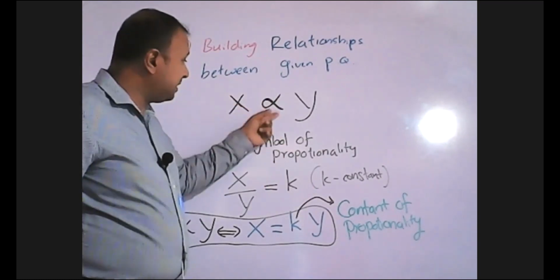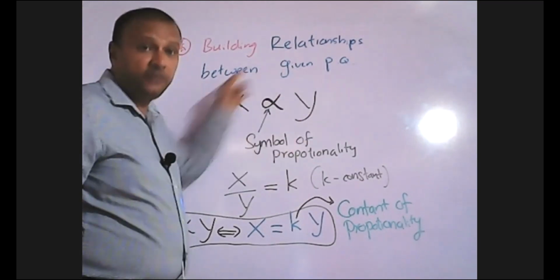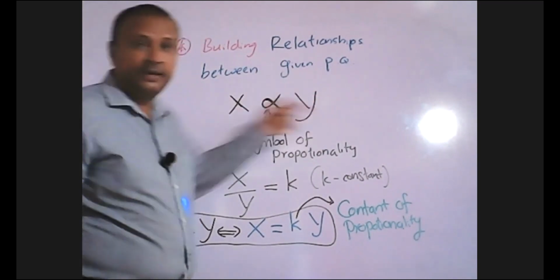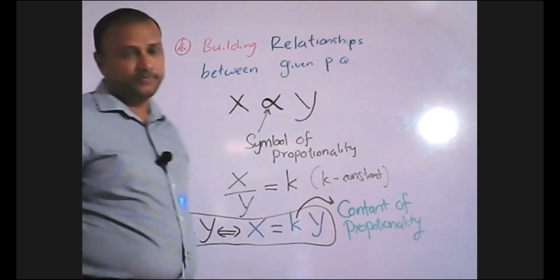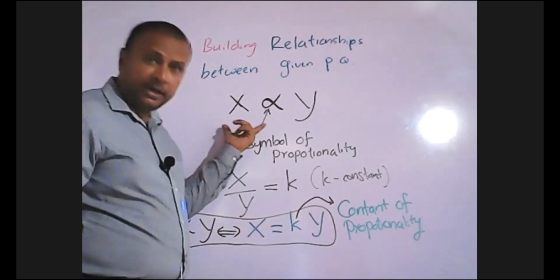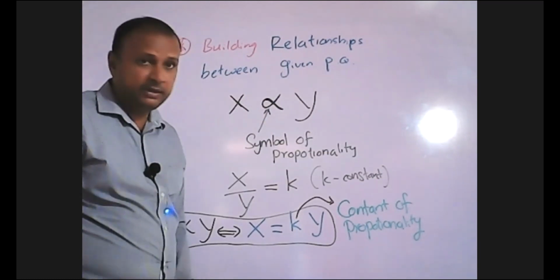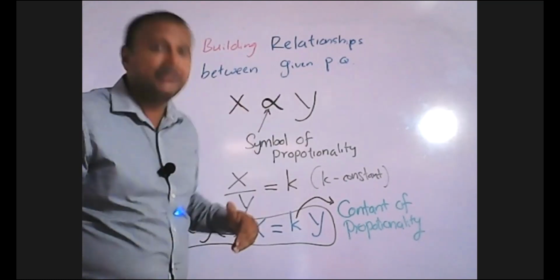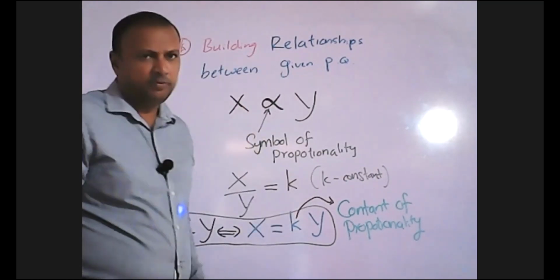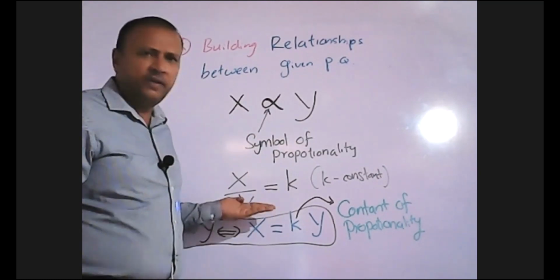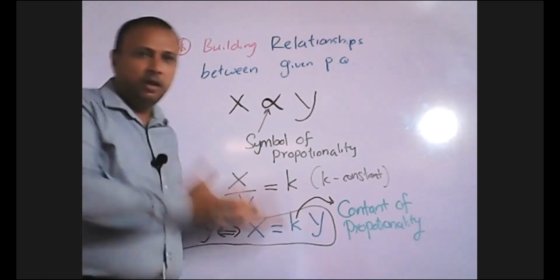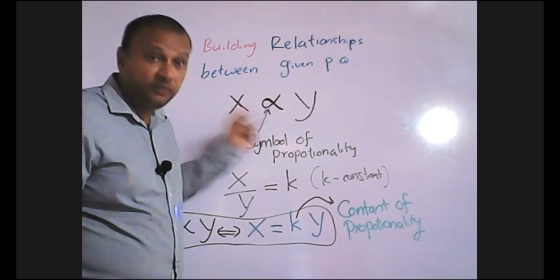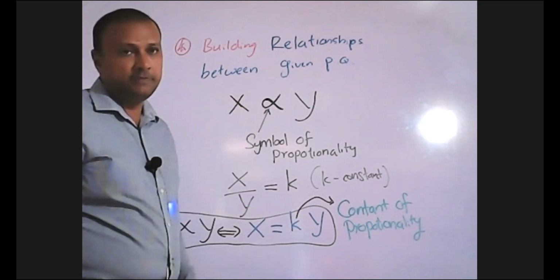If there is this kind of relationship, it means x is directly proportional to y. We cannot do any calculation with this symbol, so we have to replace it using an equal mark, because we can deal with equations.